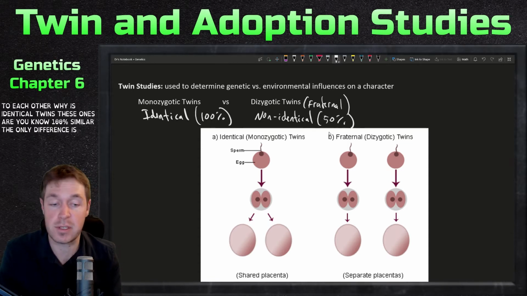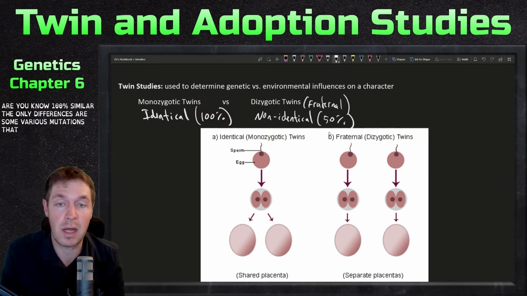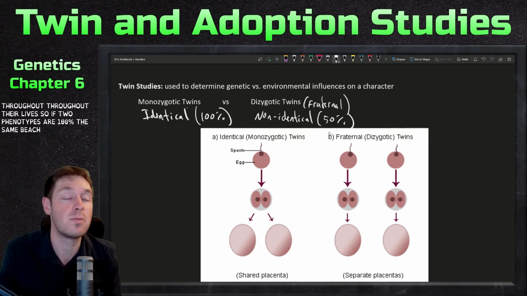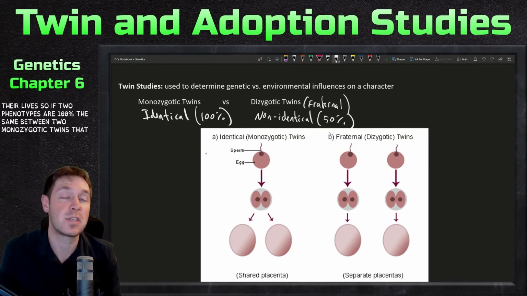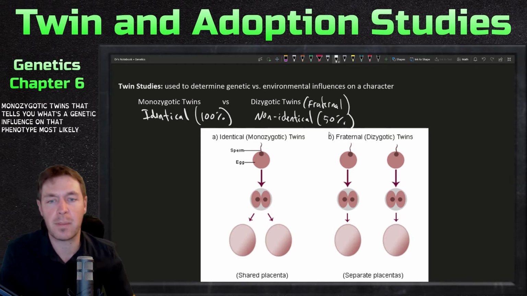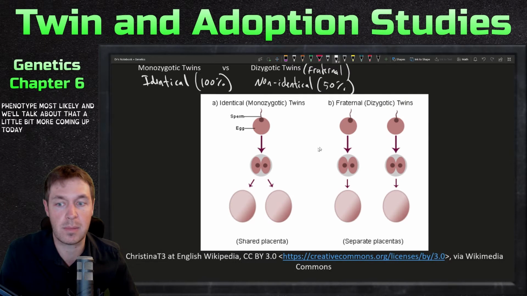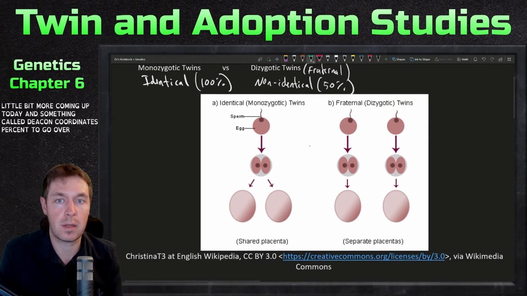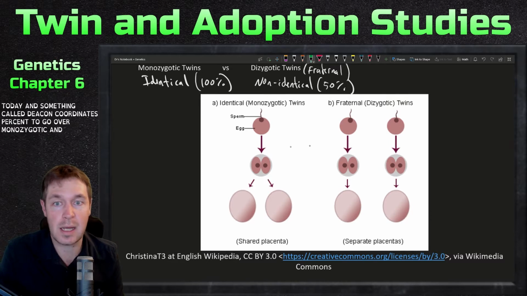The only differences are some various mutations that could arise throughout their lives. So if two phenotypes are 100% the same between two monozygotic twins, that tells you it's most likely a genetic influence on that phenotype. And we'll talk about that a little bit more coming up today in something called the concordance percent.